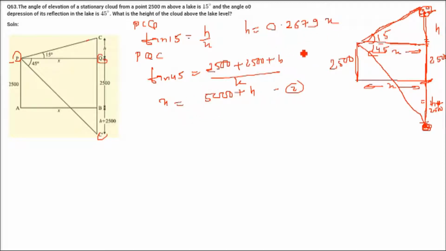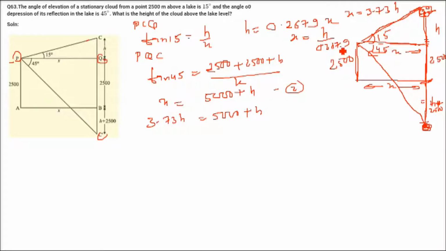In order to eliminate x, x will be equal to h by 0.2679, so let us take 1 by 0.2679, which is 3.73. So x will be equal to 3.73 h. Putting it in the second equation, 3.73 h equals 5000 plus h.